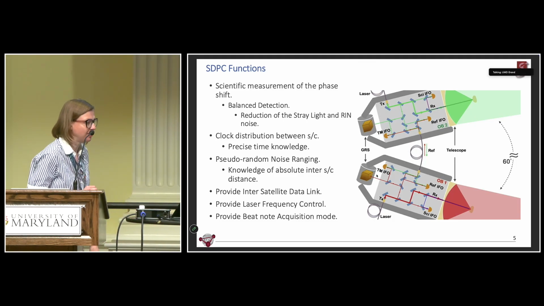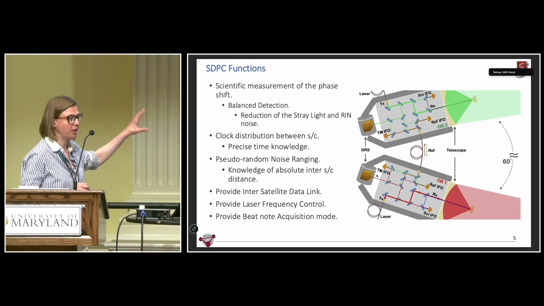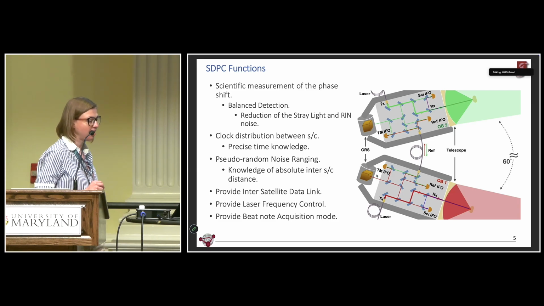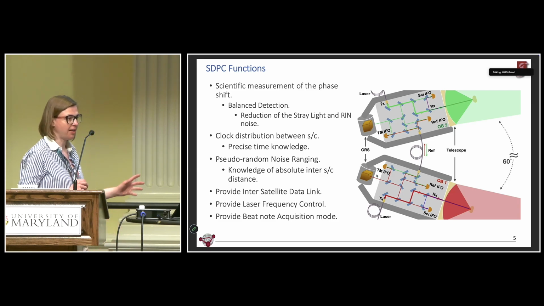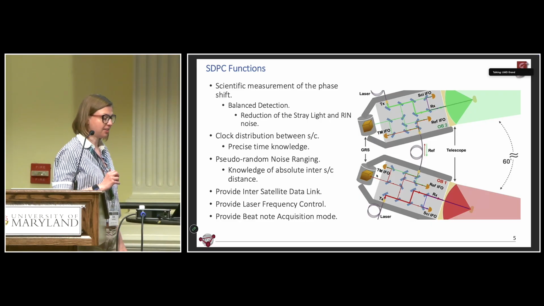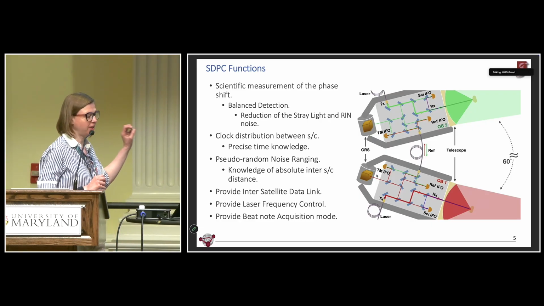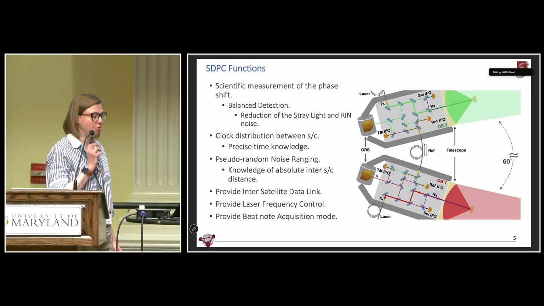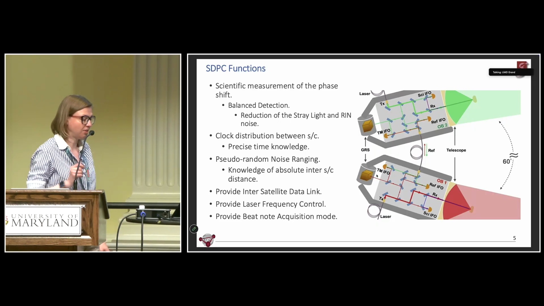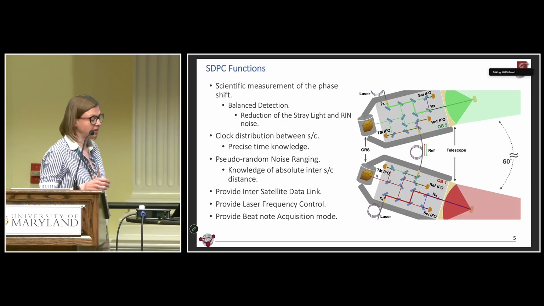I just want to talk about the functions that we need from the signal detection chain to fulfill the main objectives for the scientific measurement. So first of all, the signal detection chain has to measure the phase shift that is being imprinted on the phase of the beat note. It has to provide the clock distribution between the spacecraft. It has to provide the pseudo-ranging to support the knowledge of the absolute inter-spacecraft distance.